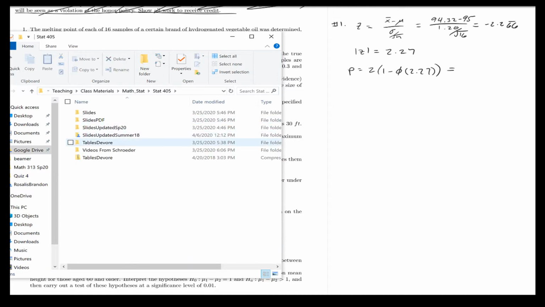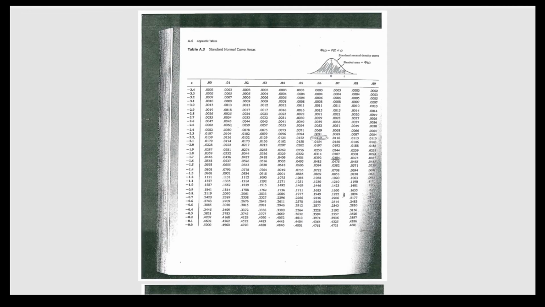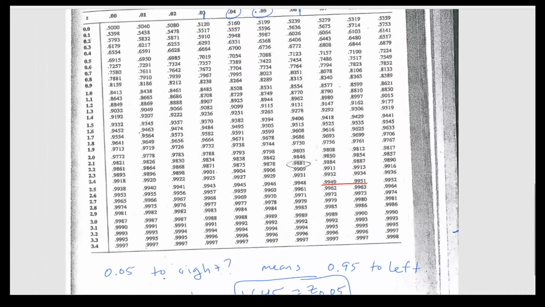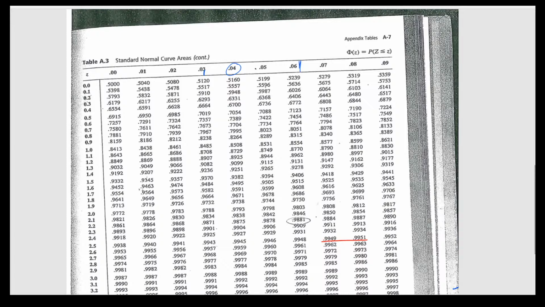Pull up the Z table. There it is. And so I'm looking for phi of 2.27.